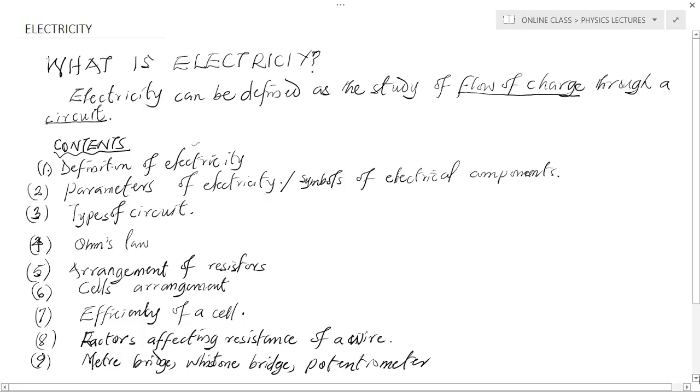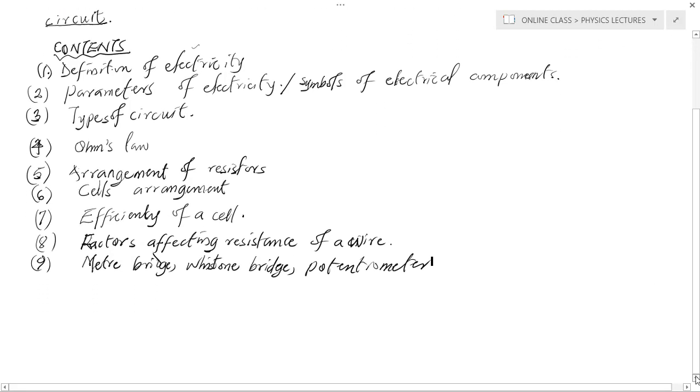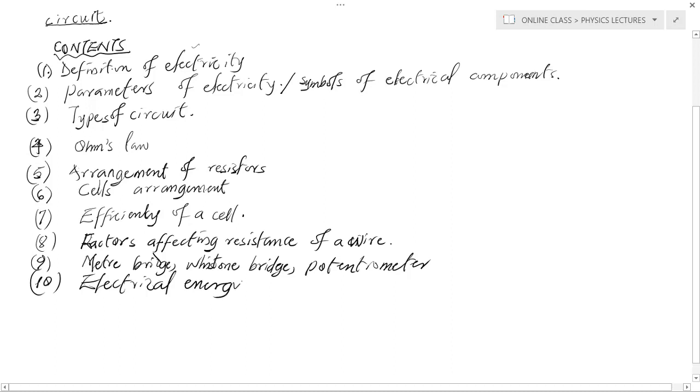After that, we are going to discuss electrical energy and power. Number 10 is electrical energy and power.